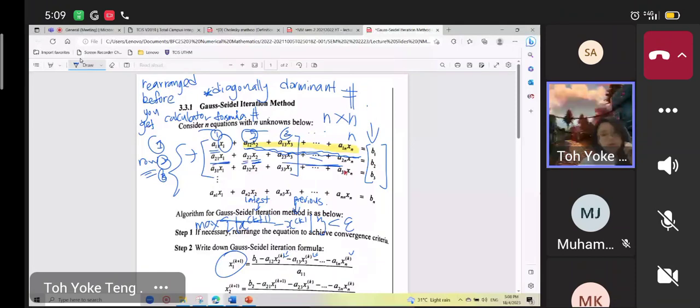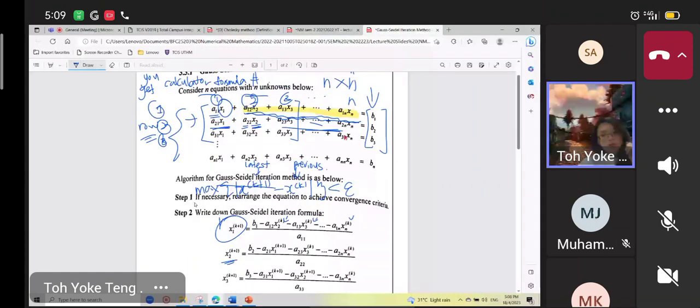From here, since you know the latest value for x1 already, for the x1 you substitute with the latest value here. For the rest, since we do not know the latest value, we just use the previous value, that is x at k here. Then just the same thing, we proceed to the next one.